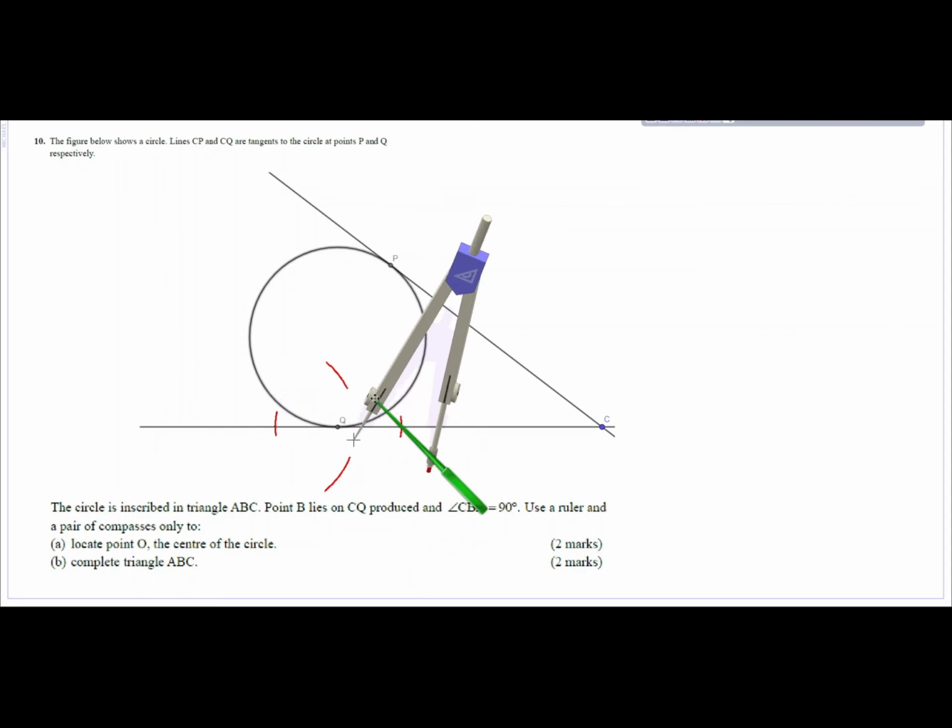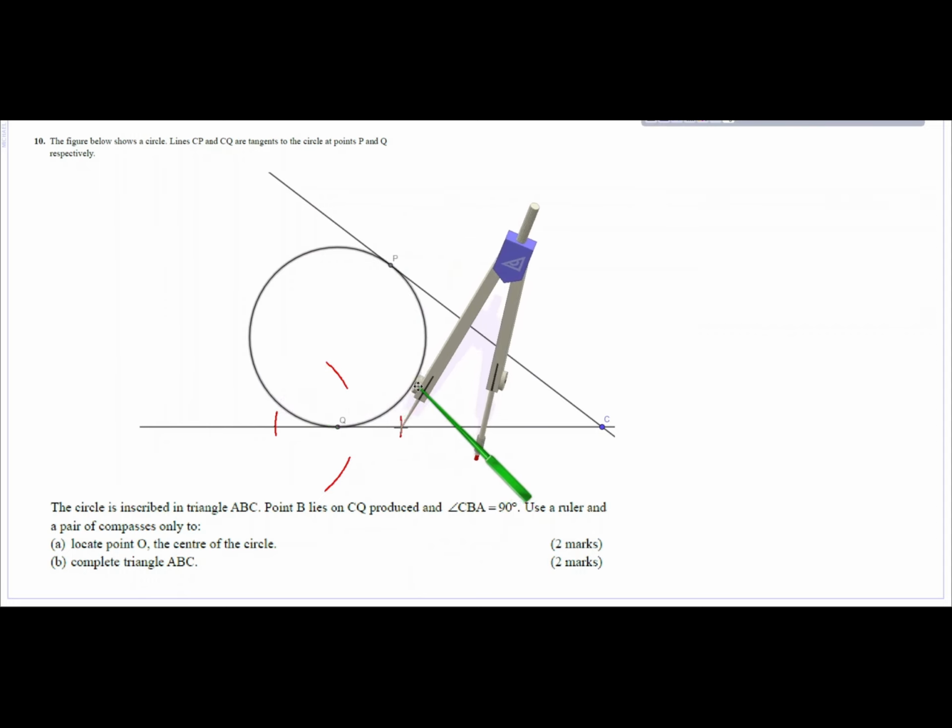I do the same with the other side, maintaining the radius of the compass.